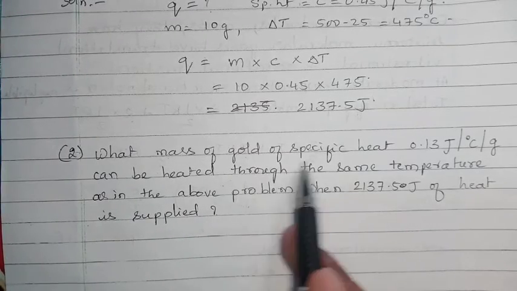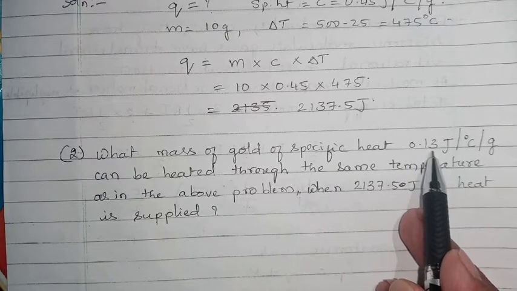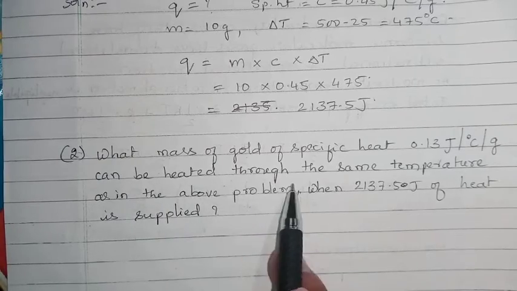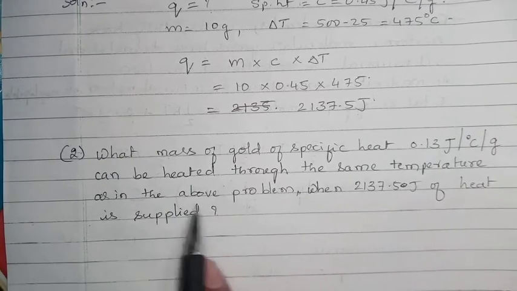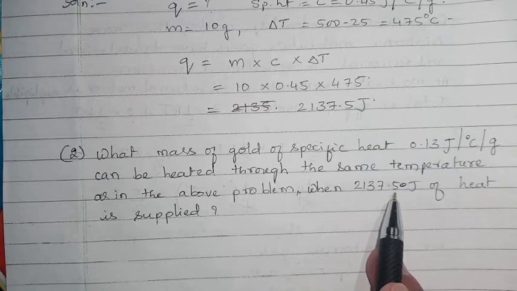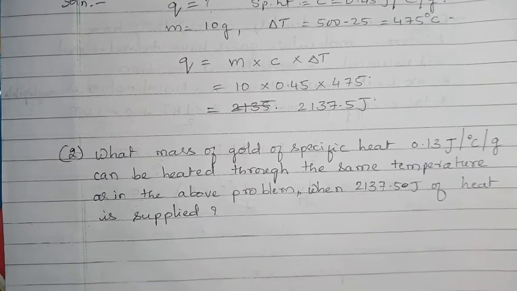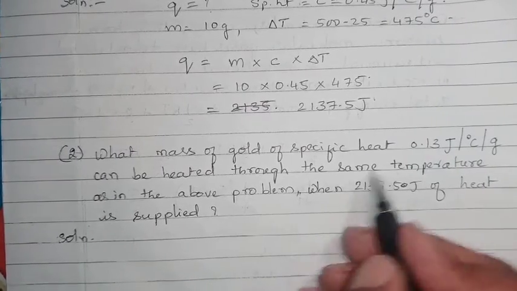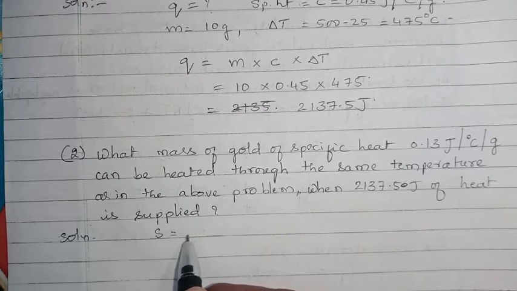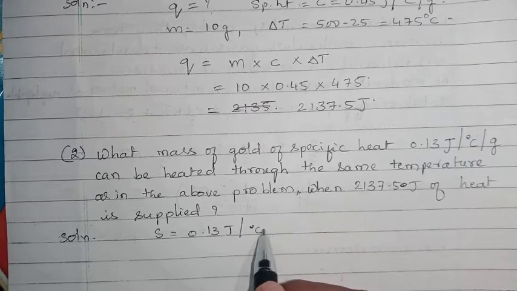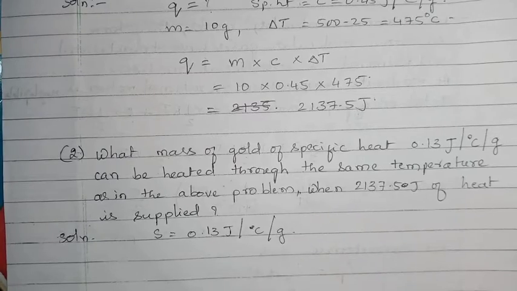What mass of gold, of specific heat 0.13 joules per degree Celsius per gram, can be heated through the same temperature as in the above problem when 2137.5 joules of heat is supplied. Solution: here the specific heat of gold is given, 0.13 joules per degree Celsius per gram.